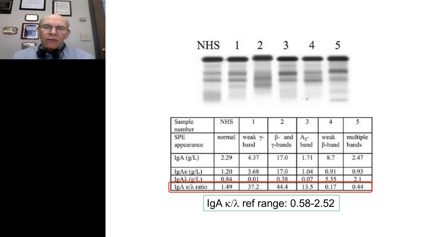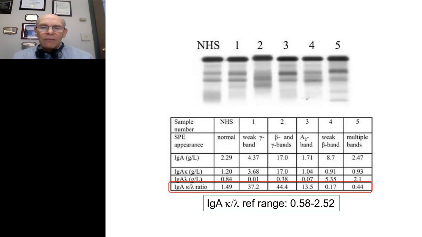With the NHS, the normal human serum, you see the ratio that I've outlined in red is correct. It's 1.49. Above, you see the gel electrophoresis. But one thing I'd like you to note about this gel electrophoresis, it is of poor quality in terms of separation of the beta-1 and the beta-2 bands. I prefer a crisp separation because it makes it easier for me to see the bands.